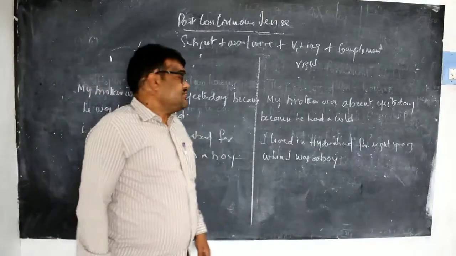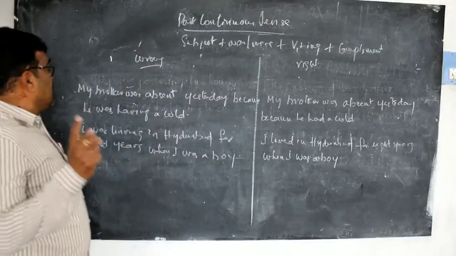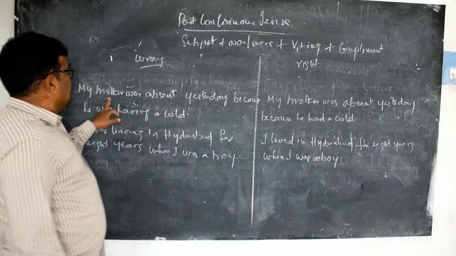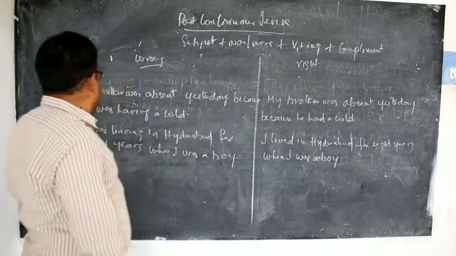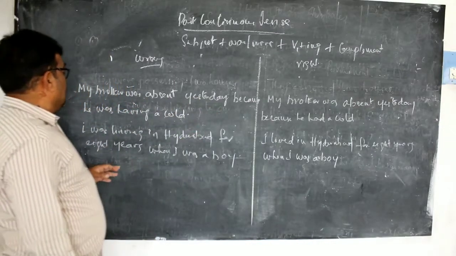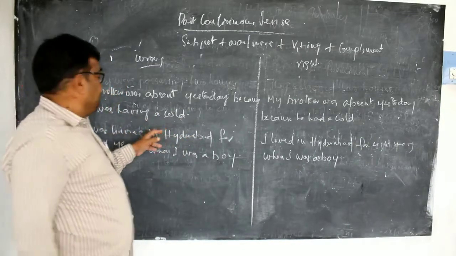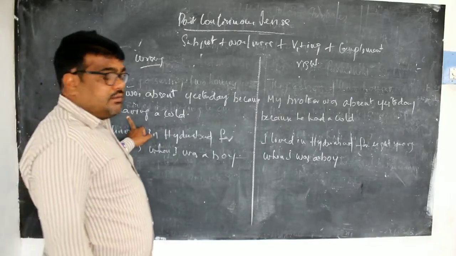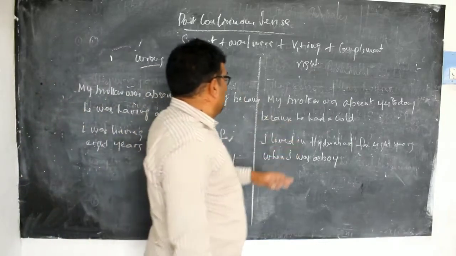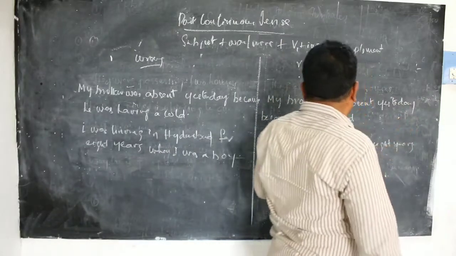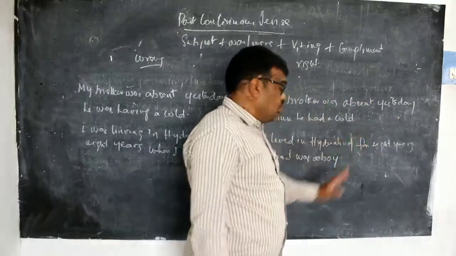Some more examples, the verbs which cannot be used in ing form. My brother was absent yesterday because he was having a cold. Having must not be used in ing form, better to use: my brother was absent yesterday because he had a cold.